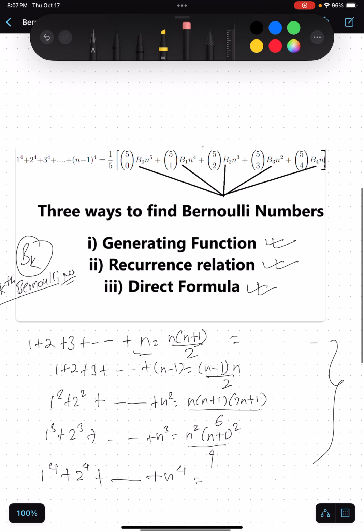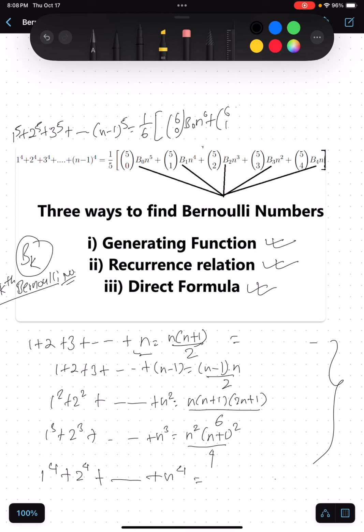And this doesn't work only for the power 4. This also works for other powers. Let's say if you want to find it for power 5, that also works: 1 to the power 5 plus 2 to the power 5 plus 3 to the power 5 up to (n minus 1) to the power 5. Now there will be 6 over here, and 6 choose 0, b0, and these numbers b0, b1 are the same, n to the power 6, plus 6 choose 1, b1, n to the power 5.